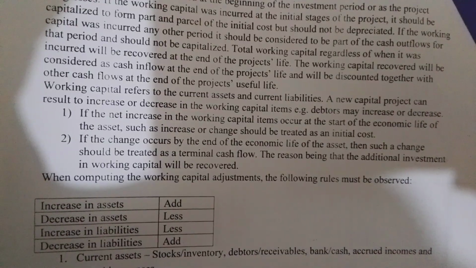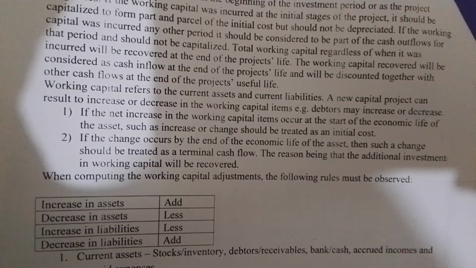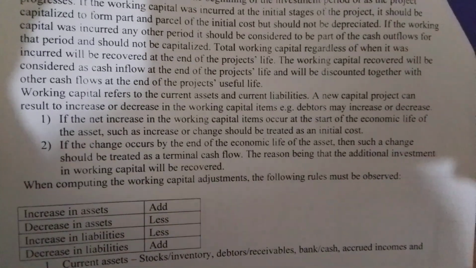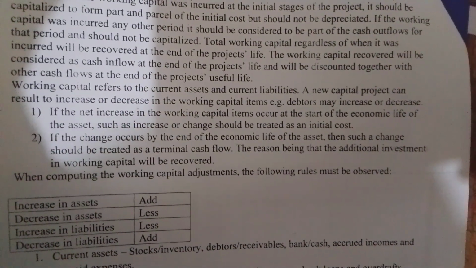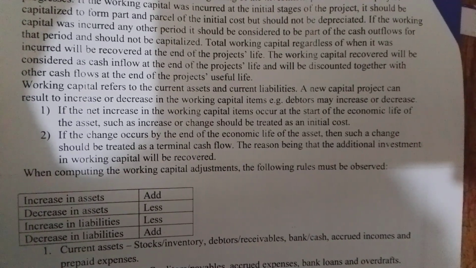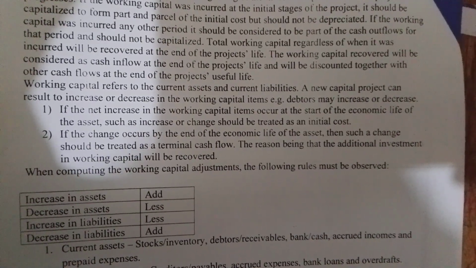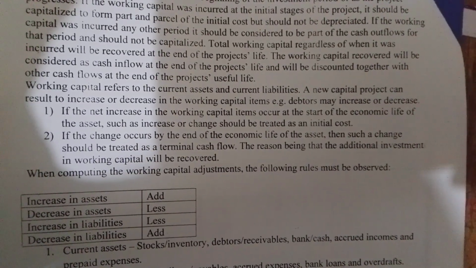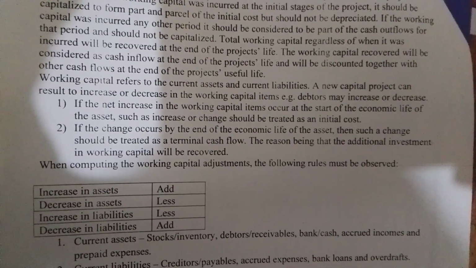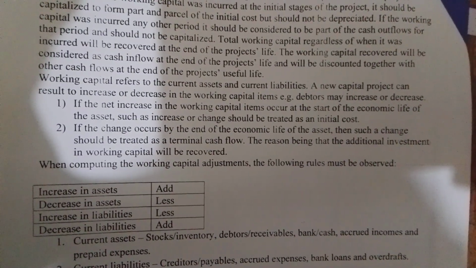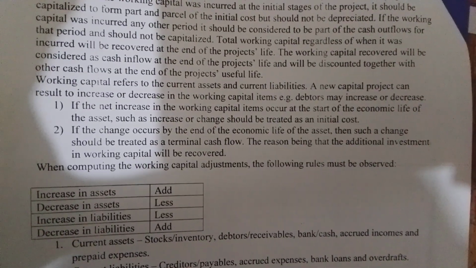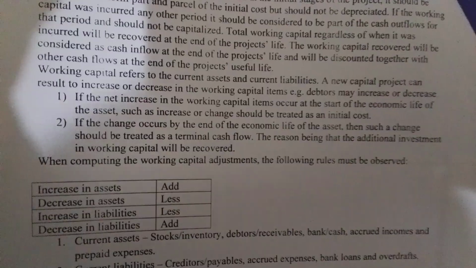A new capital project can result in an increase or decrease in the working capital items, e.g., debtors may increase or decrease. If the net increase in the working capital items occurs at the start of the economic life of the asset, such an increase or change should be treated as an initial cost.